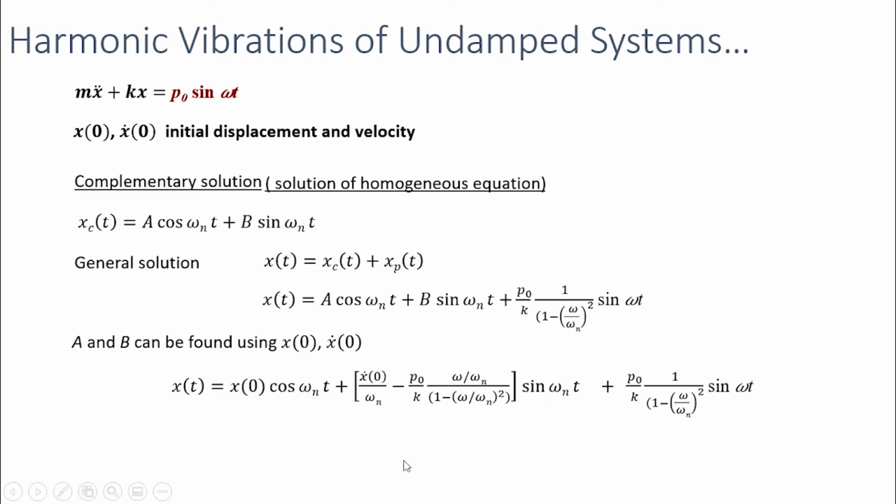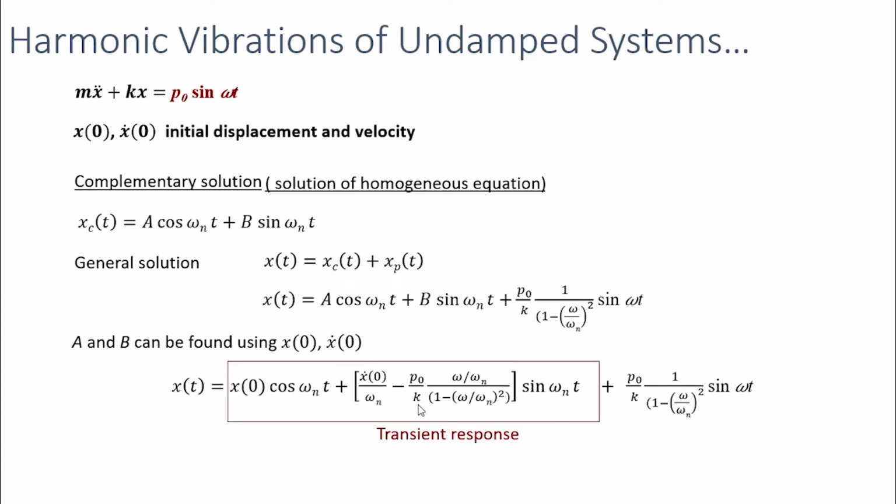Now let's look at this solution in a little detail. If we look at the first two terms of this solution, they are of the frequency equal to natural frequency of the system, and this will also depend upon the initial conditions of the system, and the forcing frequency will also have some influence in this part of the solution.